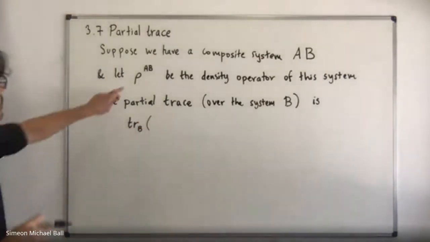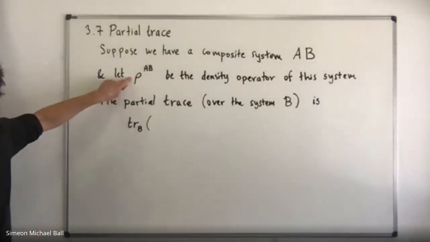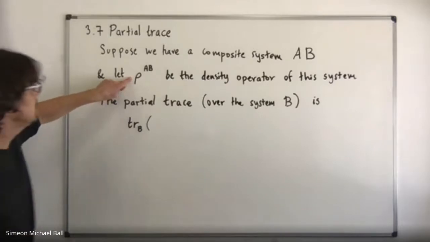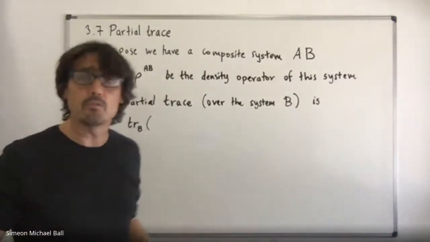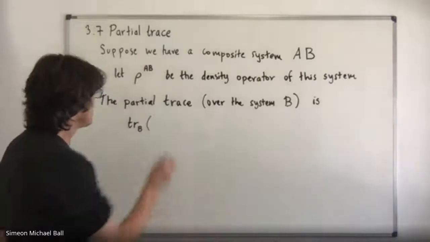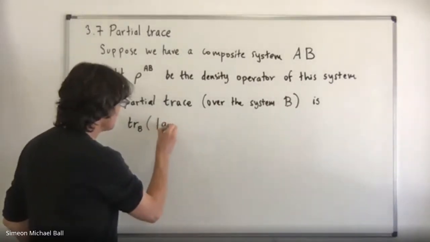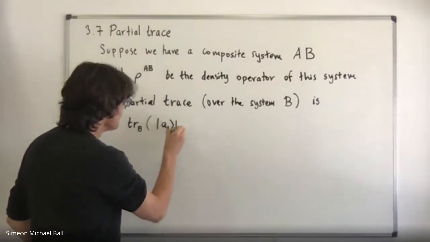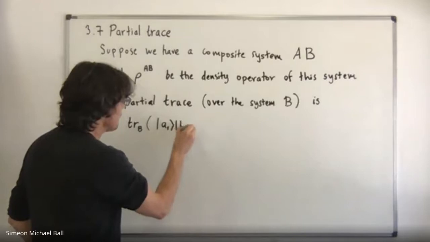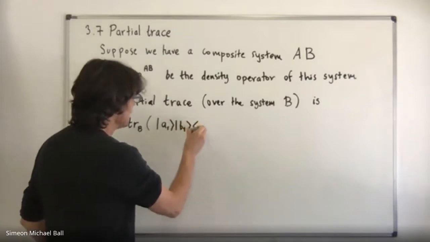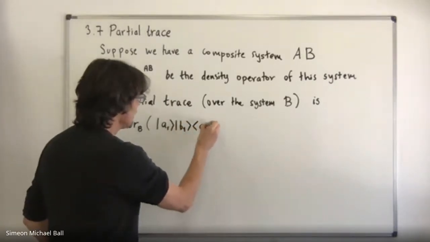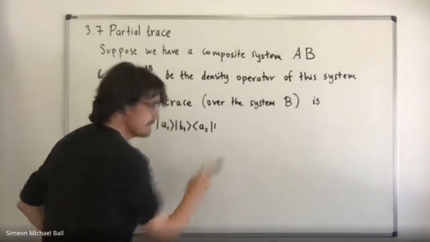So what's a typical term? I'm just going to tell you what to do to a typical term in the density operator, and then everything will be extended linearly. So a typical term here would be something like, so the bra is composite, so we have an A and a B, and then the ket as well.